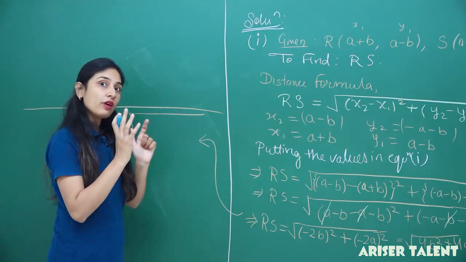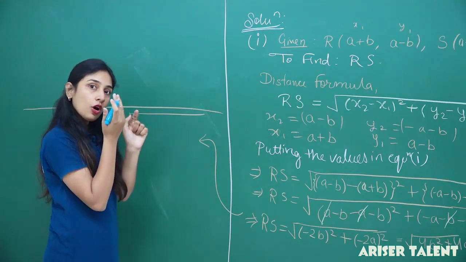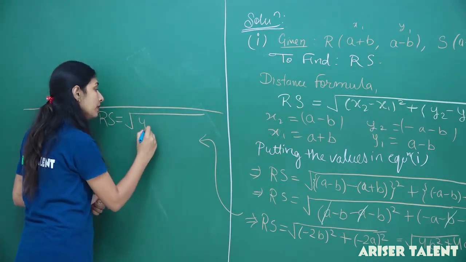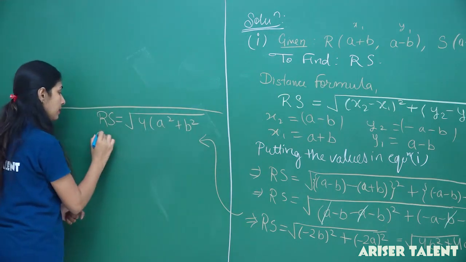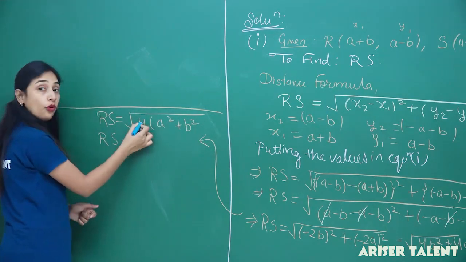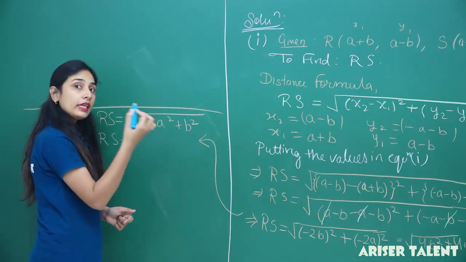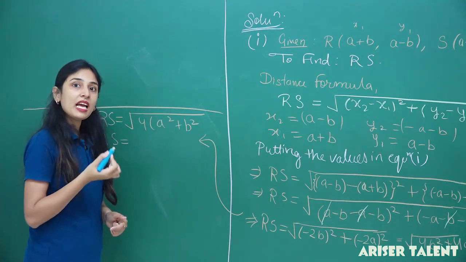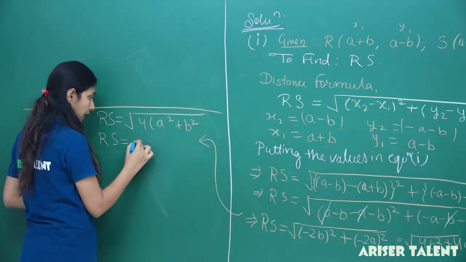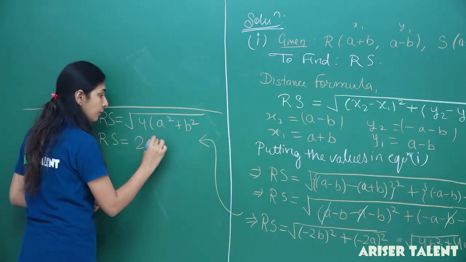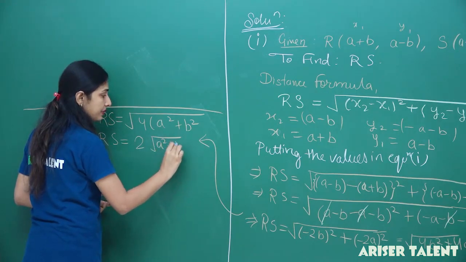Now, in 4b square and 4a square, I can take the common 4. So 4 common, remaining a square plus b square, and R is equal to root of 4. Root 4 equals 2 because 2 multiplied by 2 is 4. So 2 will come out, 2 root of a square plus b square.